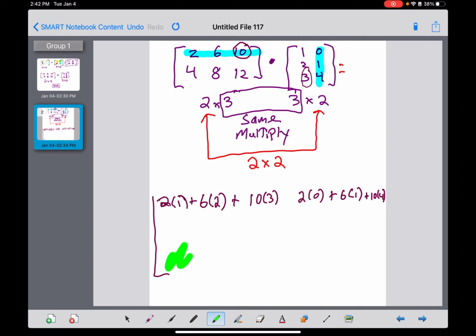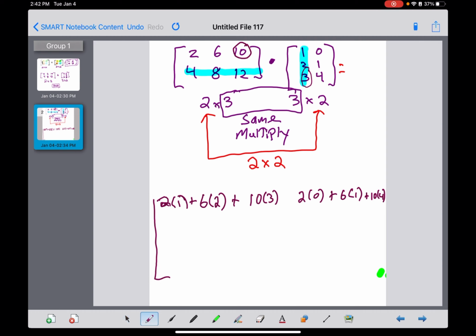Now we're going to go down here and figure out what needs to go down in there. So I need to move my little highlight. I'm going to move this down here, and I'm going to move this over here. Now I'm looking at the first element of the row, which is 4, times the first element of the column, which is 1.